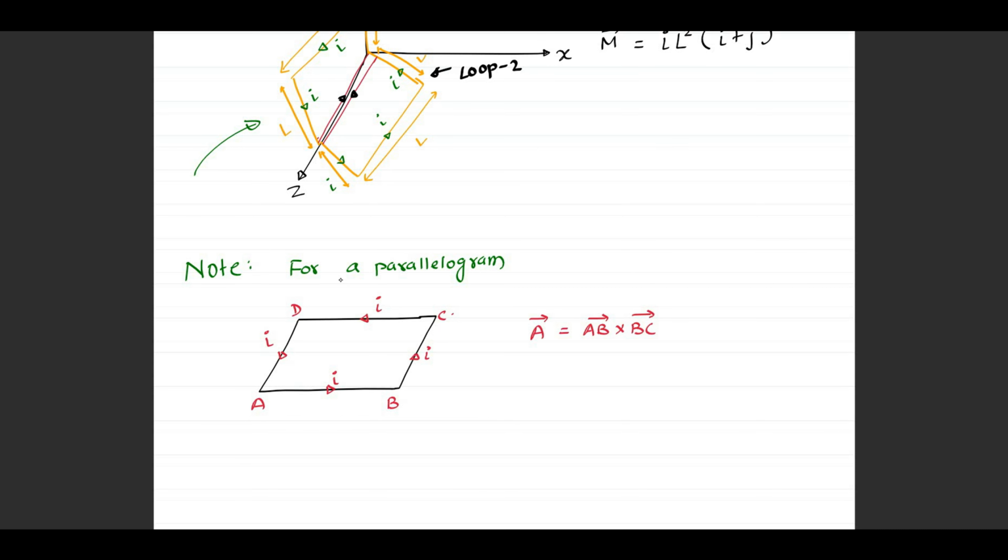Or you can say BC cross CD, or you can say CD cross DA. So any two consecutive sides. Got my point? You will get the same result. This formula will be utilized in a lot of questions, so be careful about this.